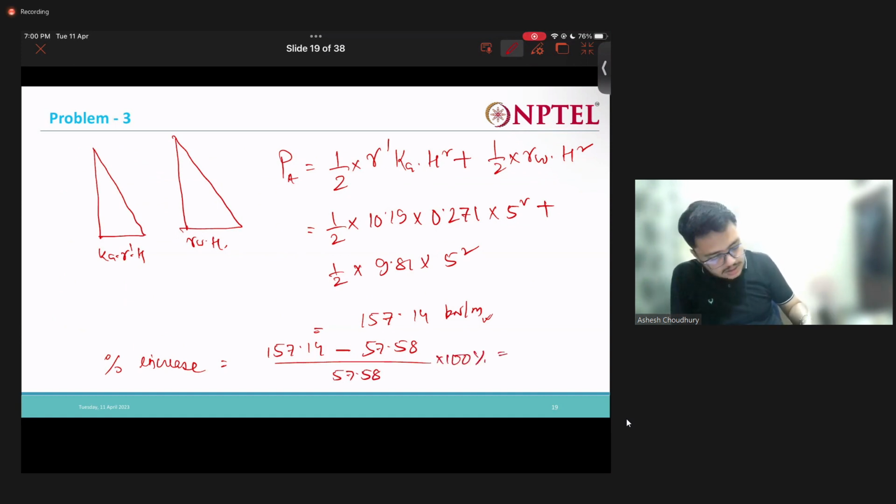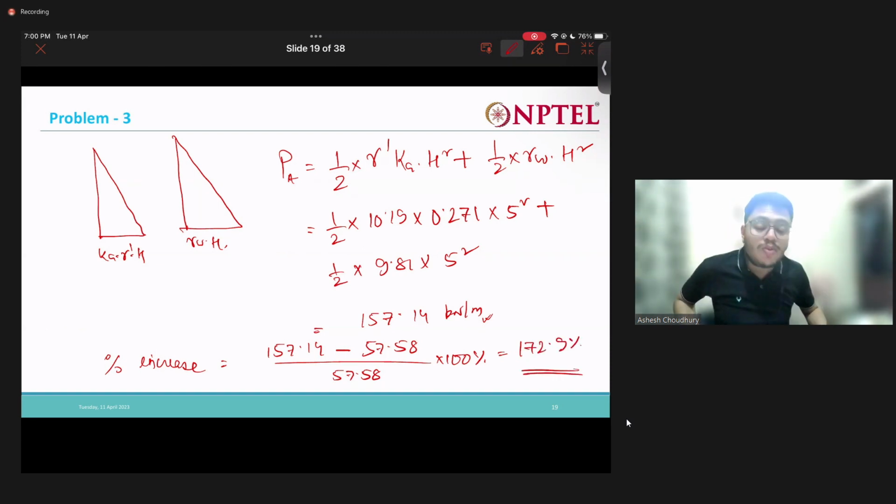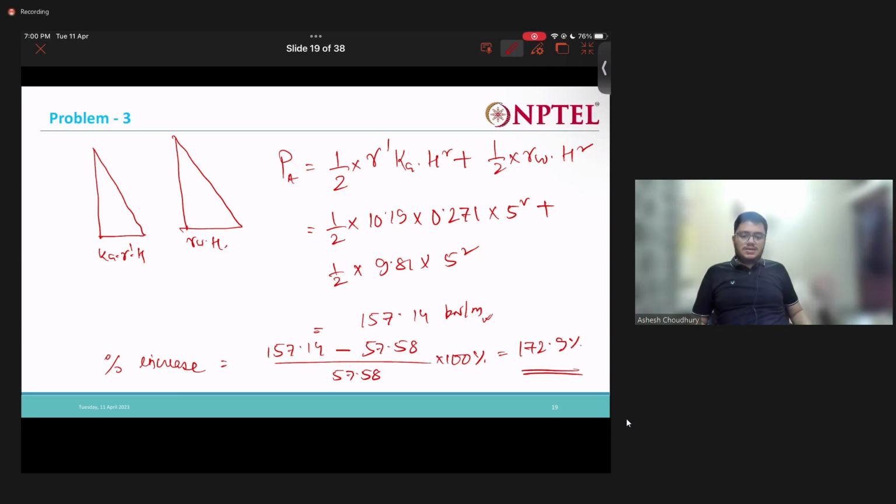So we get around 172.9%. Okay, so due to the water, you can see that by almost 173%, our active thrust is increasing. So water is very, very dangerous. We have to drain out the water always. There are numerous cases where retaining walls have failed due to this water.